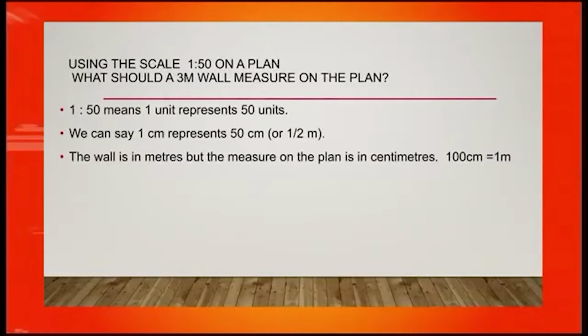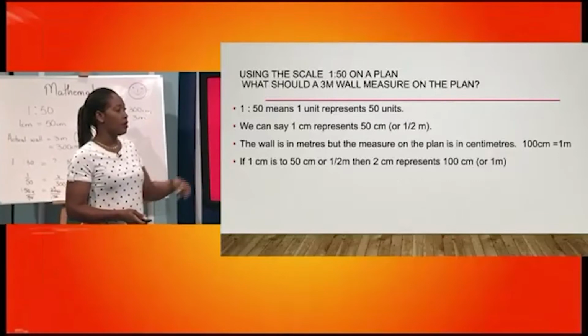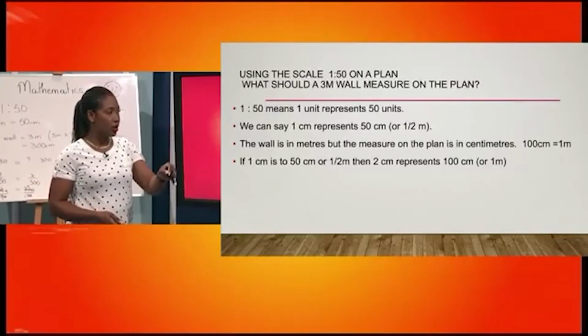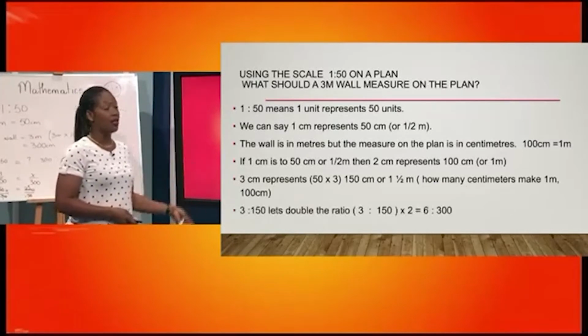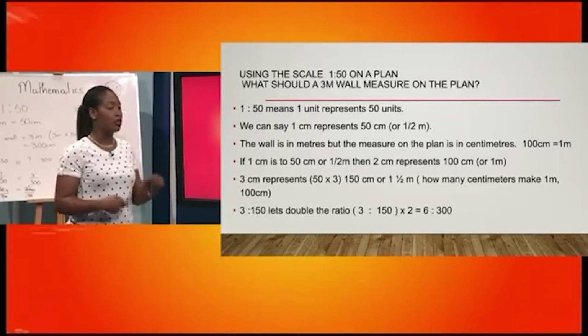So we're using centimeters as we did on the board. We know that 100 centimeters is equivalent to 1 meter. So if 1 centimeter is 50, 2 centimeters is 100, 3 centimeters would be 150, and 4 centimeters, you could add another 50, and keep adding until you reach 300.